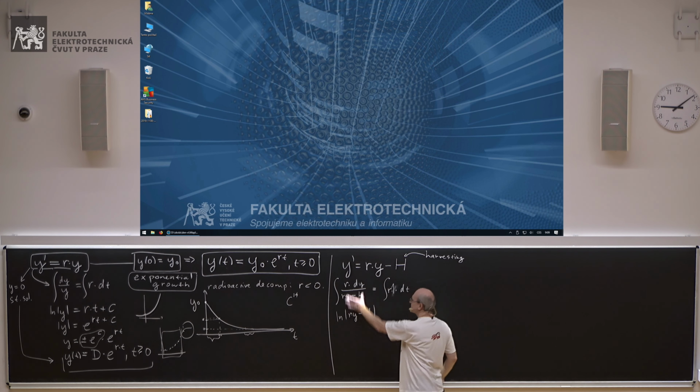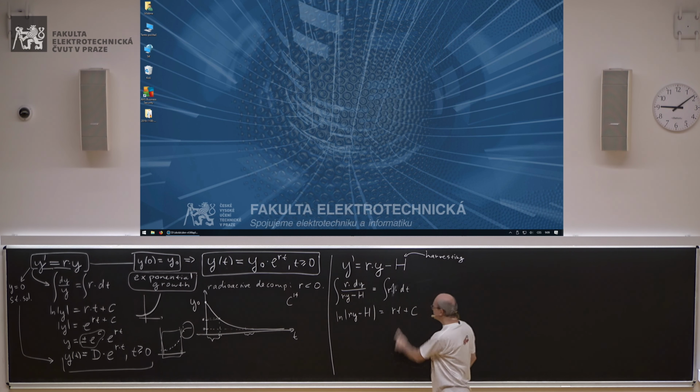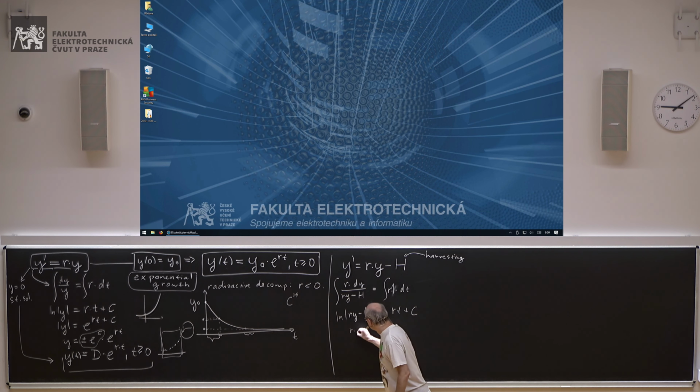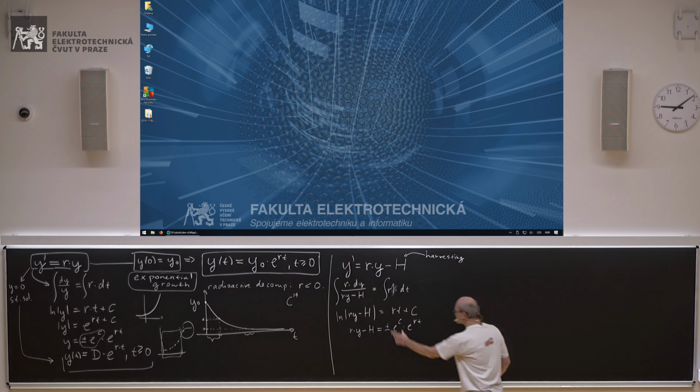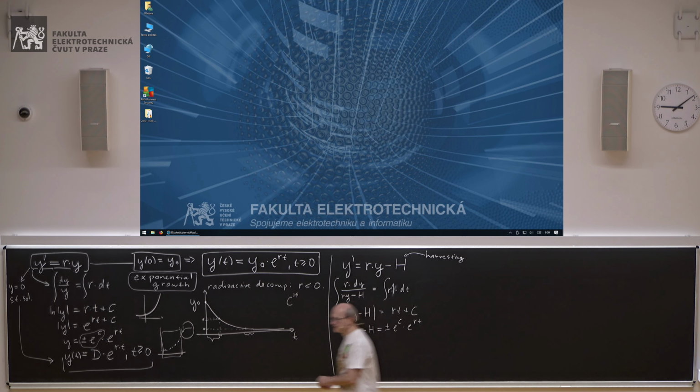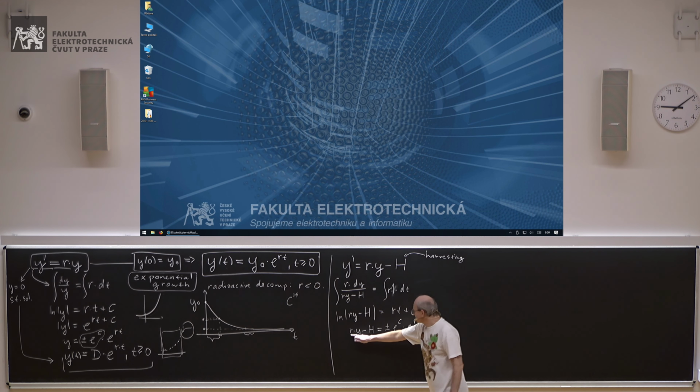So here is the left-hand side integral, and the right-hand side integral. And it looks really, really similar. Okay, I'm going to put the exponential here, then I get rid of the absolute value, and I get Ry minus h is equal to plus minus for the absolute value, e to c times e to rt. I introduce constant d, but perhaps before I do it, I will get rid of this r.